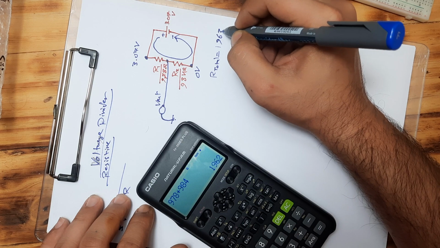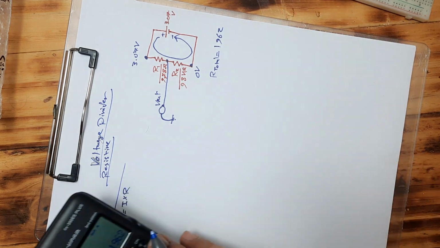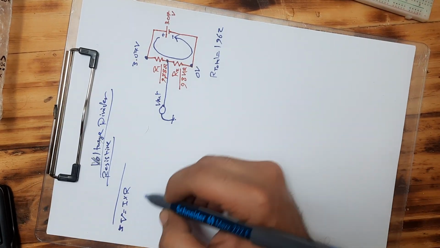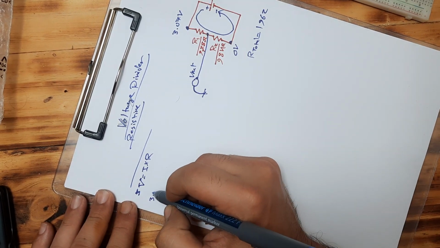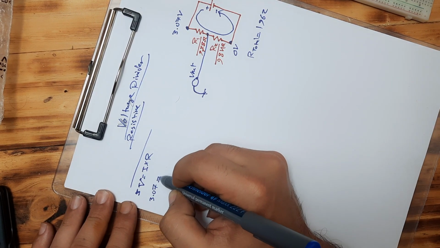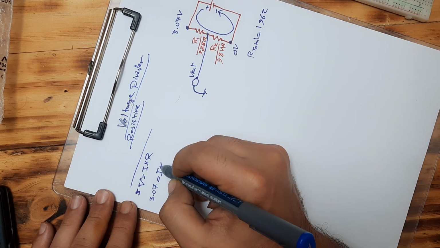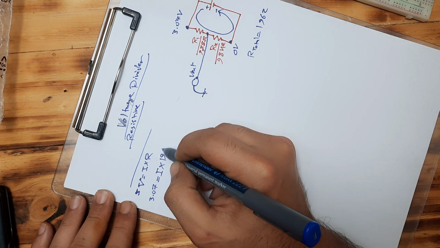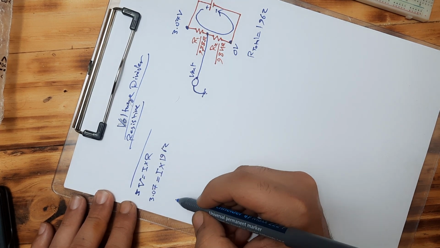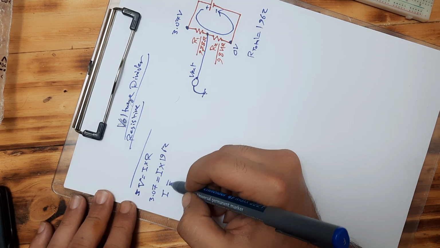This is our total. So now we have voltage, which is 3.07, equals current times resistance, which is 1962.